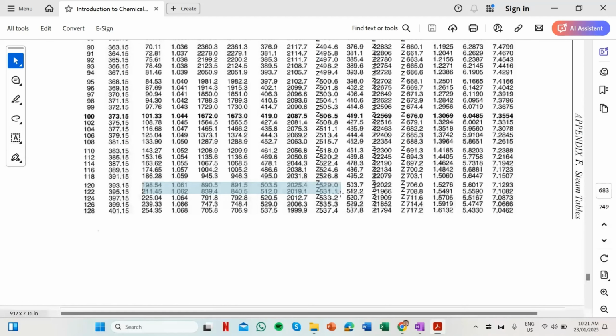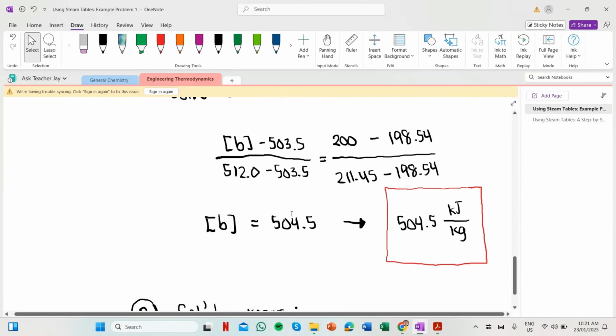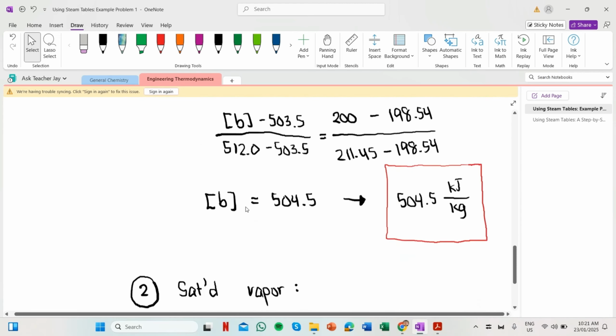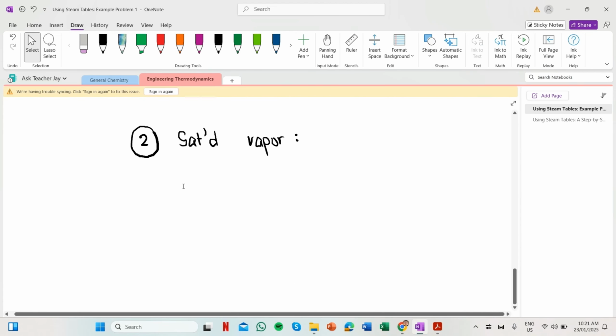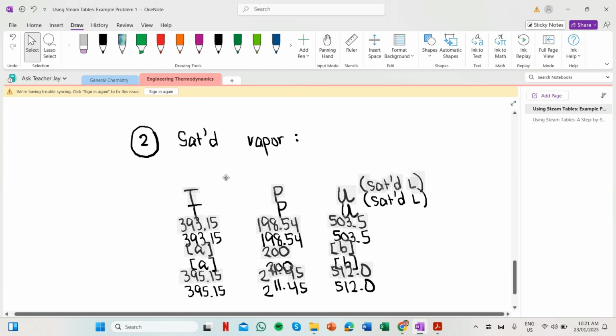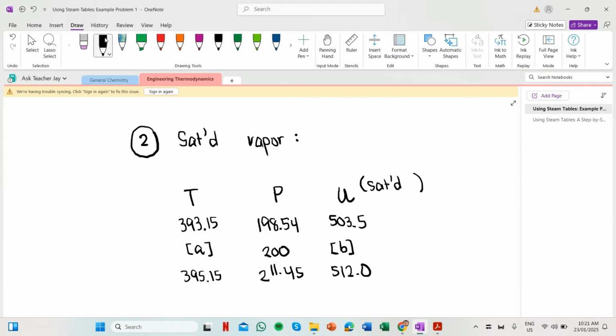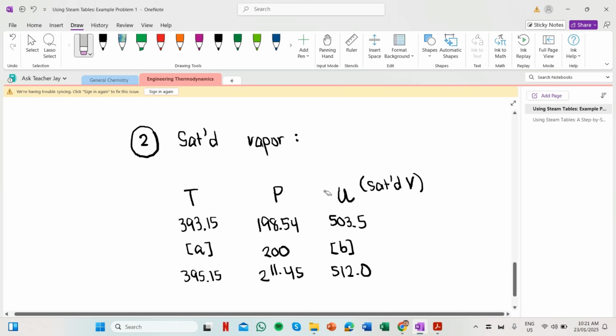I'll use my cursor to highlight that part. We are still going to use some data over here, but we're just going to change the third column data. I'll copy paste here below and do some edits to save time and make our solution faster.